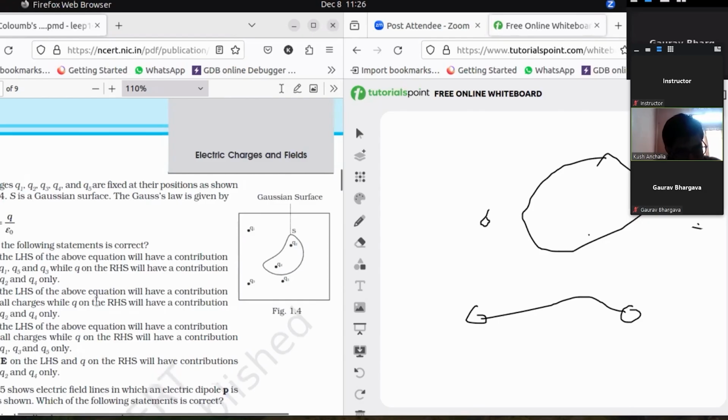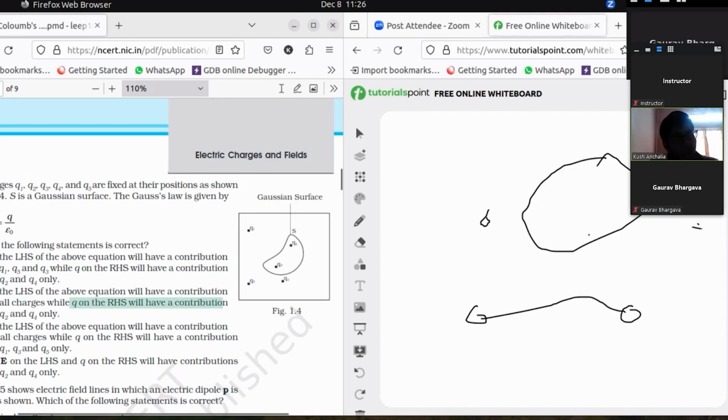E on the LHS will have a contribution from all the charges, while Q on the RHS will have a contribution only from enclosed charges. That's a good point. E will be from all the charges, but on the right side it is Q enclosed over epsilon naught, so it will only have Q2 and Q4.